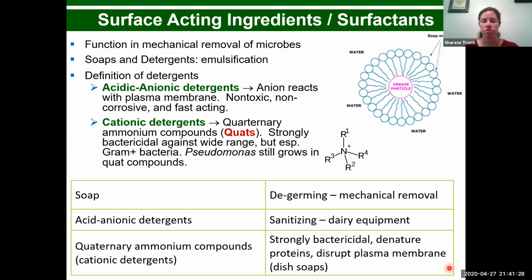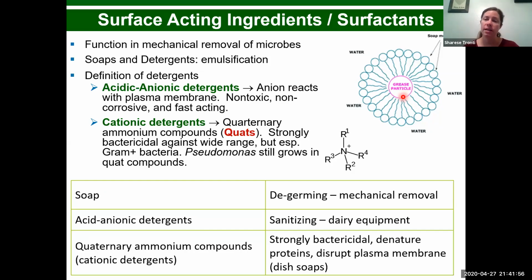So these surfactants or soaps, they are going to have a hydrophilic side and a hydrophobic side. And so the one side will dissolve in the water and the other side will bind to the dirt or the grease or the microbes that are on your hands, for example, when you're washing your hands. So soap actually acts in a mechanical action.